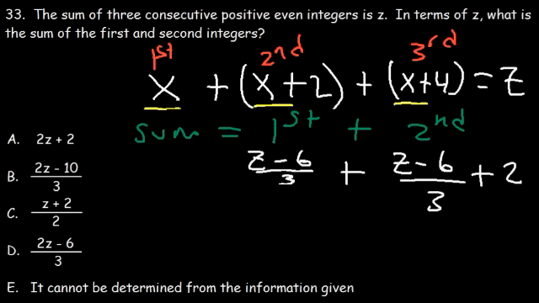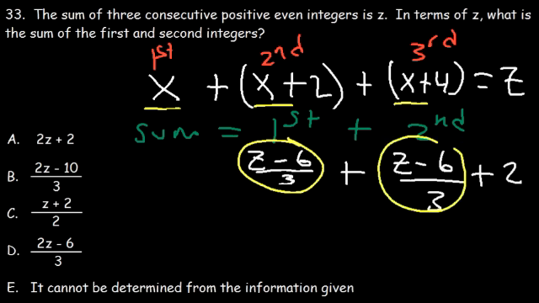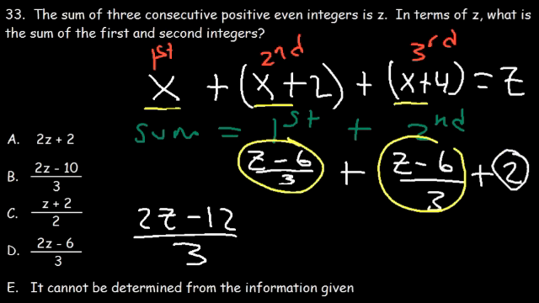So now we can add these two terms together. z plus z is 2z, and negative 6 plus negative 6 is negative 12, divided by 3. Now, we need to do something with the 2. So let's write it as 2 over 1, and let's try to get common denominators. So we're going to multiply the 2 by 3 over 3.